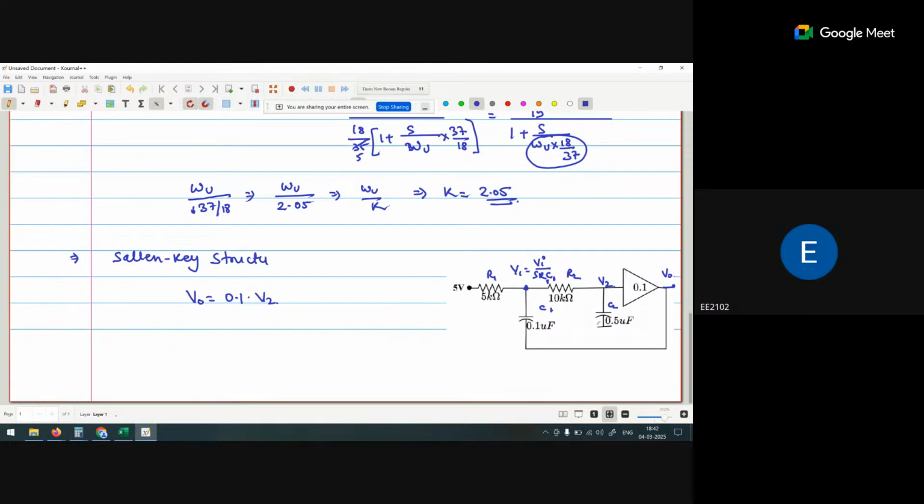And the voltage at this point is Vi upon S R1 C1 multiplied by 1 upon S R2 C2. So the V2 voltage is nothing but Vi upon S square R1 R2 C1 C2.